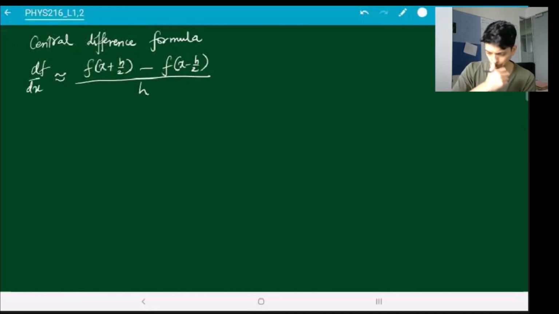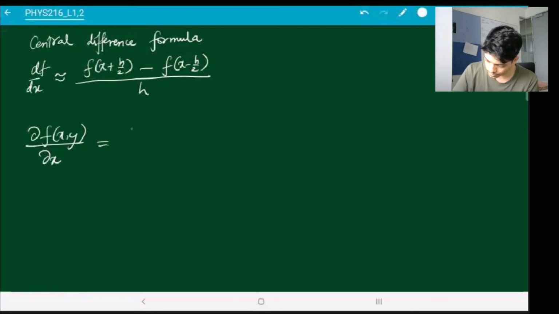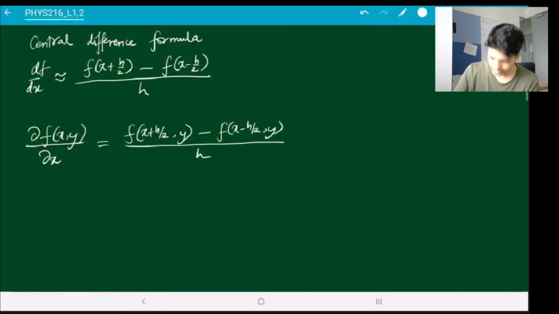Okay, so this was total derivatives. What about partial derivatives? Suppose I have some f of x,y and I want to calculate the partial derivative of this with respect to x. Same way, no problem, just treat your y as a constant. If I was to use the central difference formula, I would say f of (x plus h by 2) and nothing happens to y, minus f of (x minus h by 2) and nothing happens to y, divided by h.